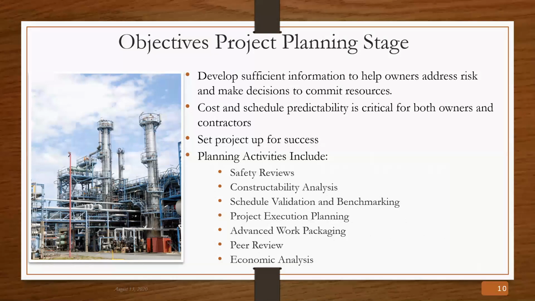Cost and schedule predictability is also critical for both owners and contractors. For owners, you have joint venture partners and shareholders, and when you develop a project, you want to tell them that this project will be finished on January 1, 2021, and it will cost $5 million.